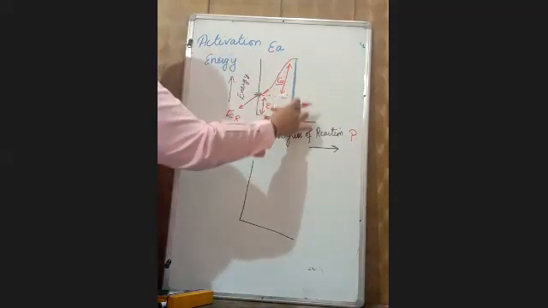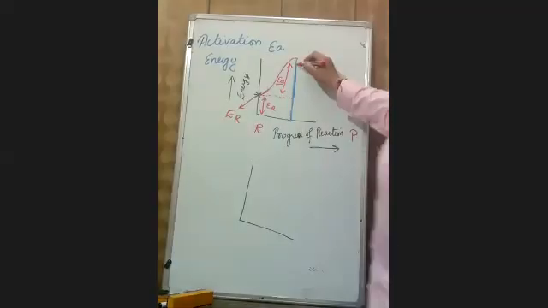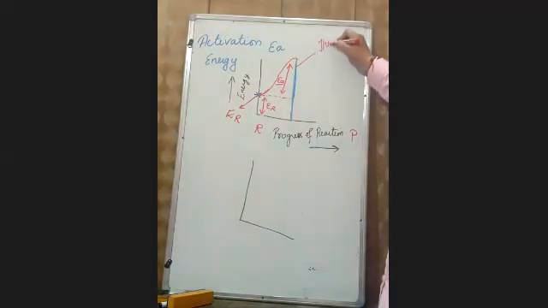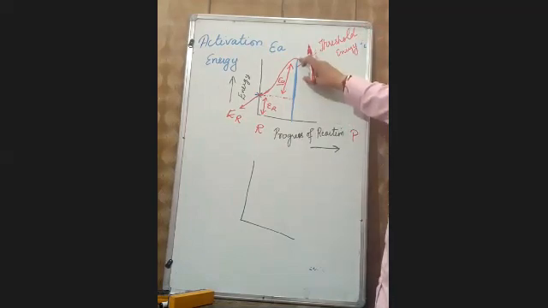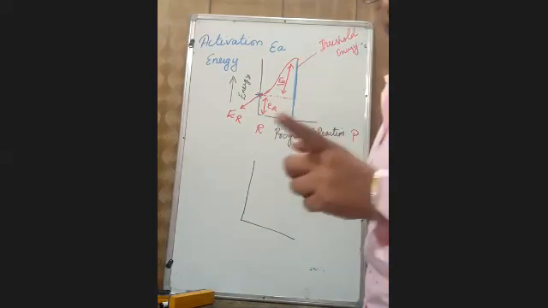And this blue line represents the threshold energy. If the reactants do not cross this value, they will not be converted into product.